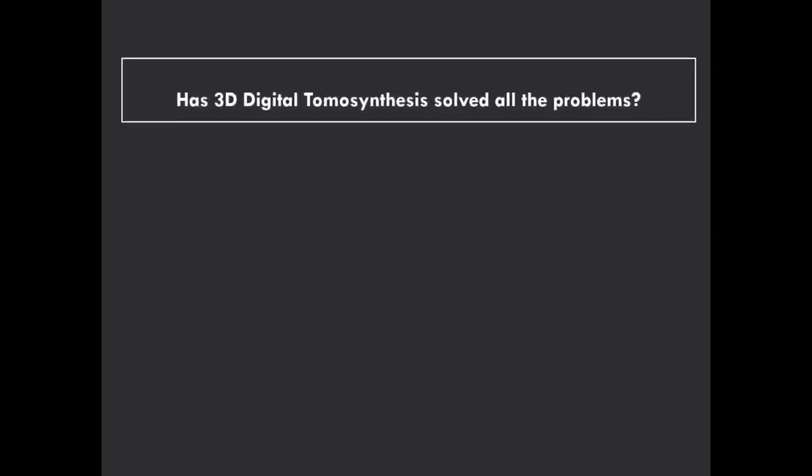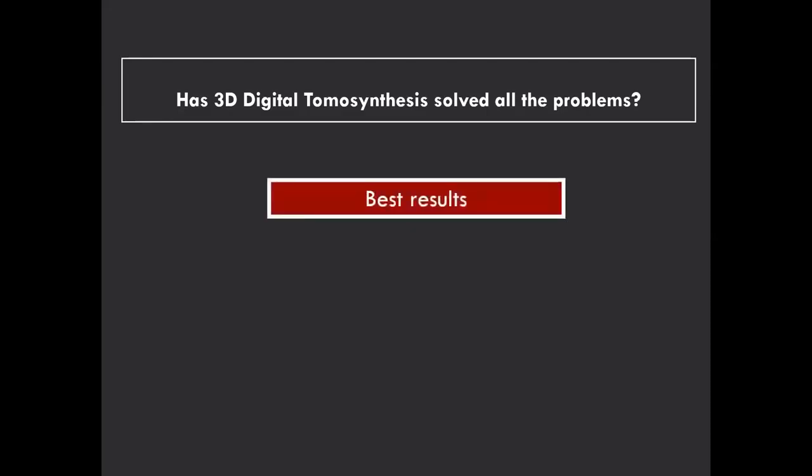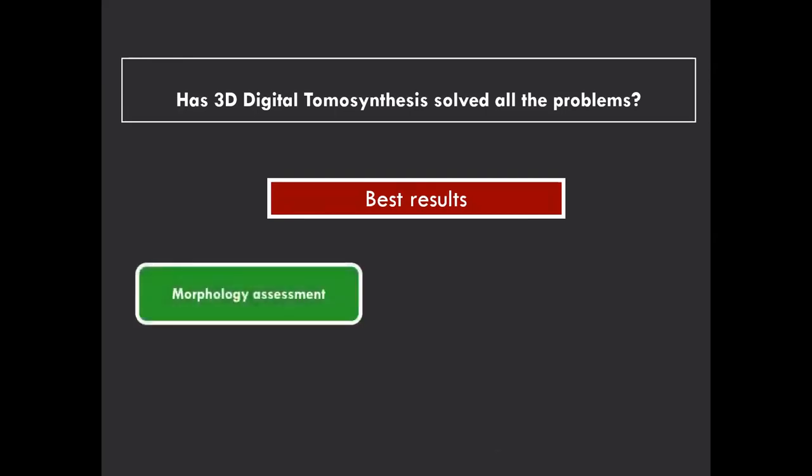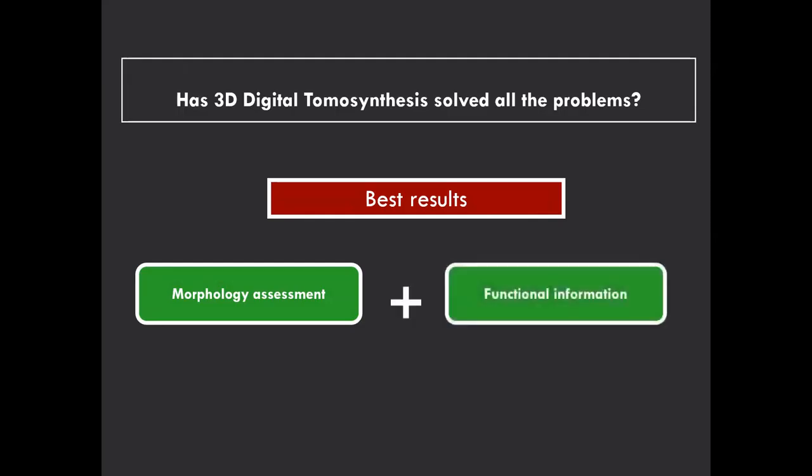If we look at 3D digital tomosynthesis, we might think that it has solved all the problems of breast imaging. But to be honest with you, the best results in breast imaging are from modalities which can combine an enhanced morphology assessment and, at the same time, give us some functional information about the tumor cells.